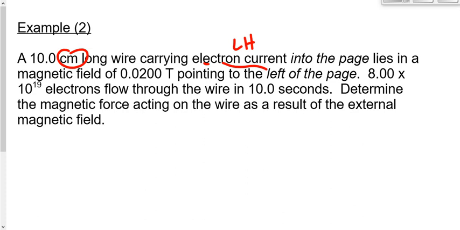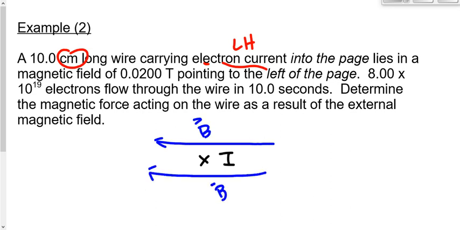So picture this here now, guys. We have a current going into the page. We have a magnetic field that's pointing to the left of the page. Man, I wish those were parallel to each other. Why do I wish they were parallel?